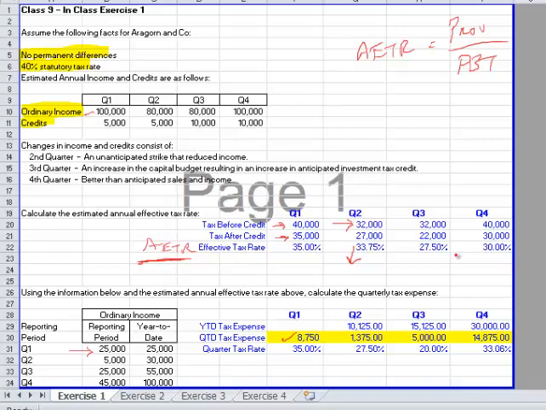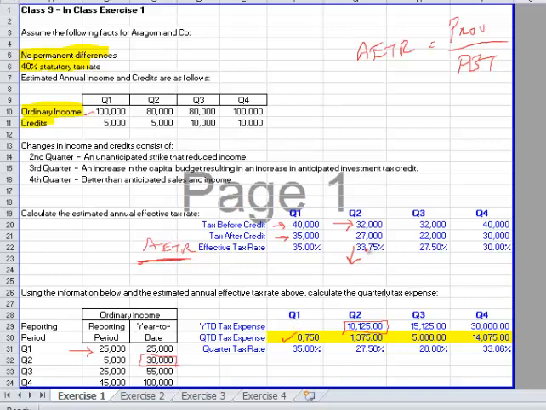And so sometimes people refer to that as the denominator effect, right? So now that my annual effective tax rate I'm estimating to be 33 3/4, if I apply that to my year-to-date income of 30,000, that's where I get my 10,125, which should be my 6-month provision, right?